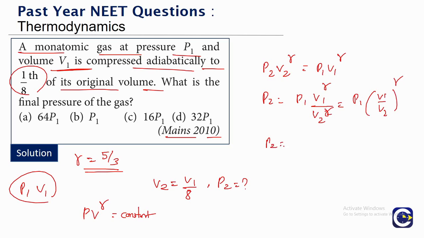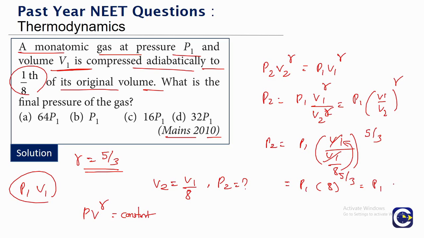So P2 is equal to P1 into V1 divided by V2, which is V1 by 8, and gamma is 5/3. So you see V1 is cancelled, the 8 will go to the numerator. So it is P1 into 8 to the power 5/3. Here we'll have to do a simplification with regard to the powers.